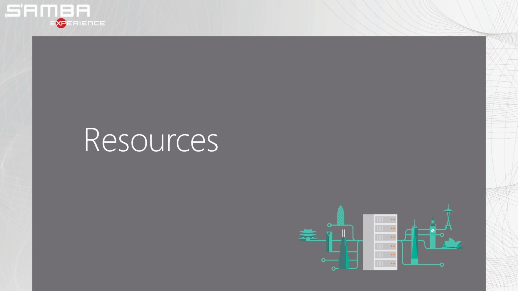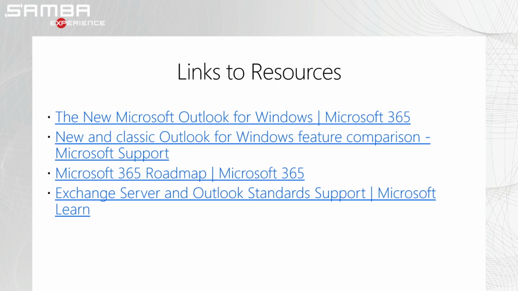Links to resources. The first link here is a starting point if you want to learn more about new Outlook. You will find a download link, links to other resources, as well as additional information. The second link here is very interesting. It's an article by Microsoft Support that compares features in Classic Outlook with New Outlook for Windows.